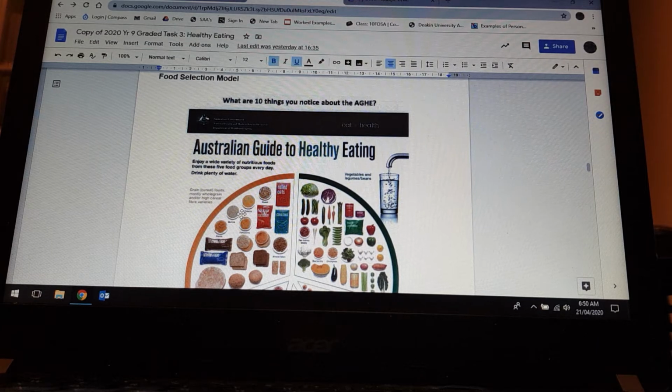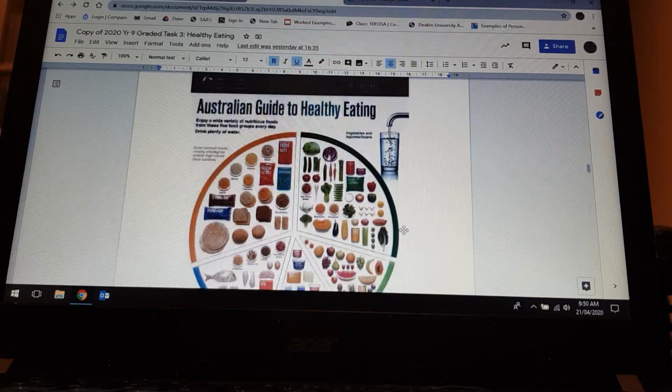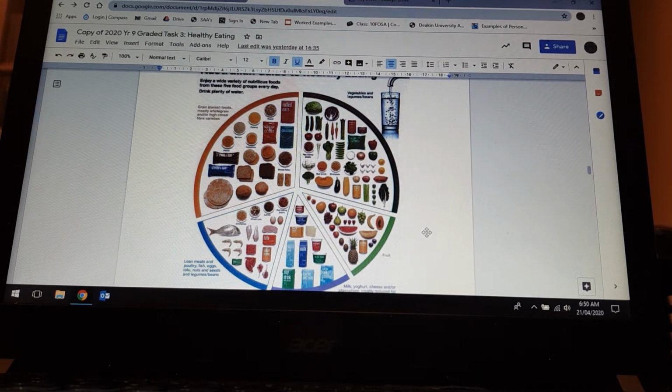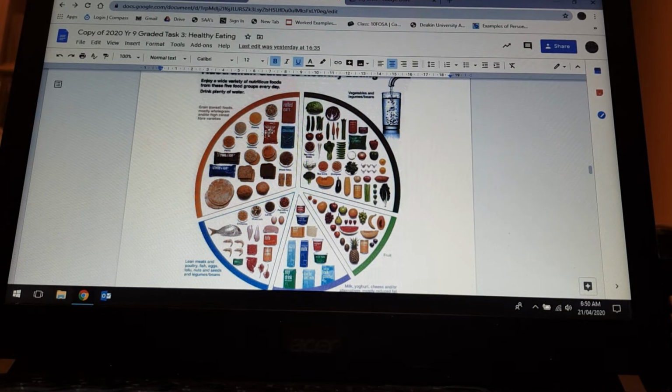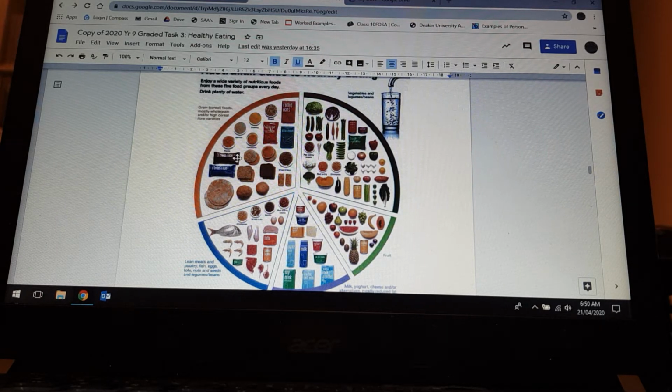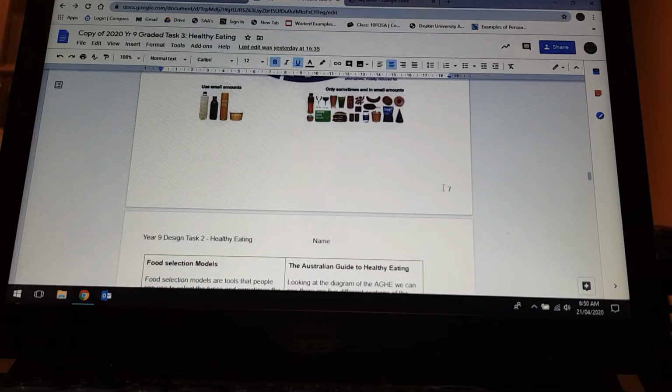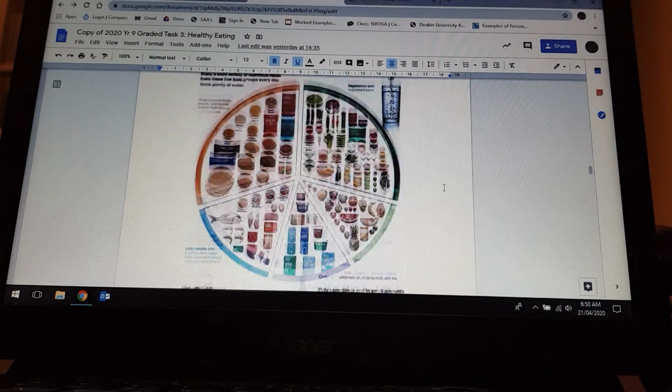Food selection models. The Australian Guide to Healthy Eating. There are a number of things noted in this picture diagram. Now, there's lots of information. We have this pie dish or a plate. It's in sections. We've got different colors. We've got different foods all grouped together. What I would like you to do is tell me, what are you seeing here?